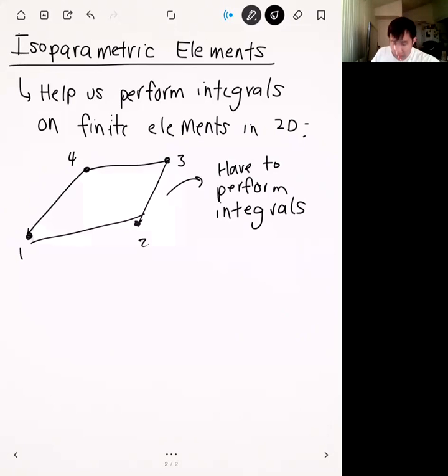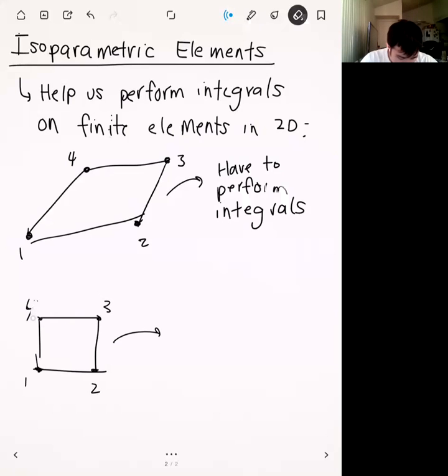And so I think previously, at least for the four node rectangle, we've done element stiffness matrices when the rectangle looks nice like this. When basically the sides are straight and everything looks nice. And so when the 4-node quadrilateral takes this nice form, we can easily form our shape functions and shape function derivatives.